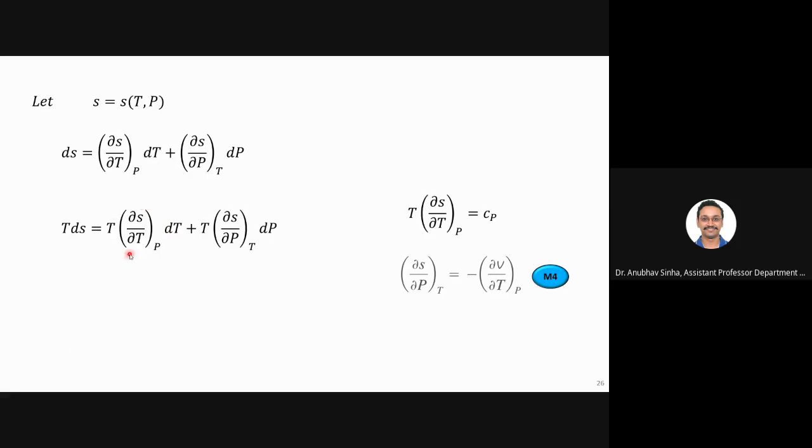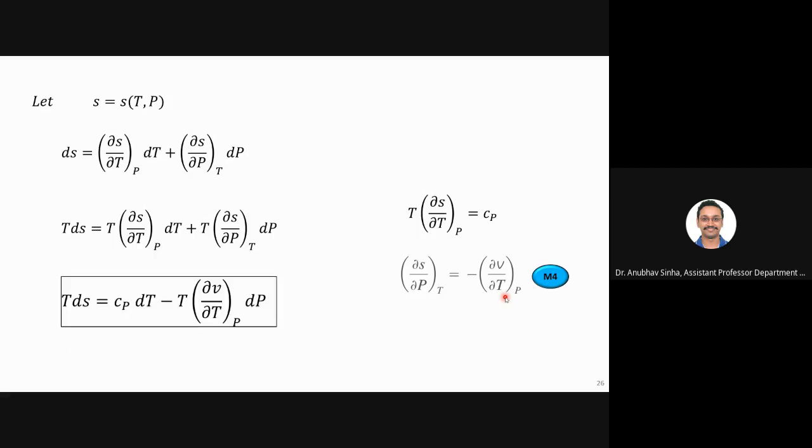The first term is replaced by Cp, and the second term by ∂V/∂T. Your TdS becomes Cp dT minus T times (∂V/∂T) at constant pressure times dP. This is the second TdS equation. These are simple derivations based on some assumptions, and we can use them for other calculations.